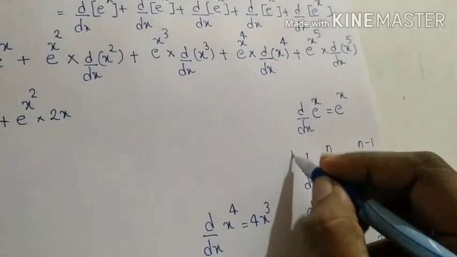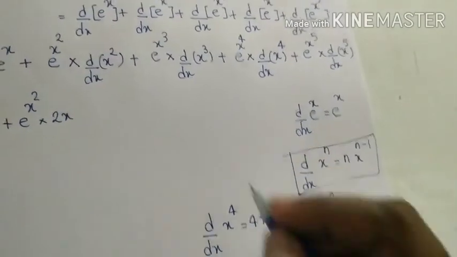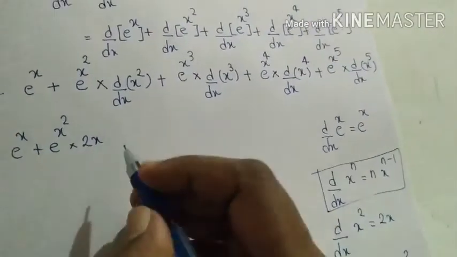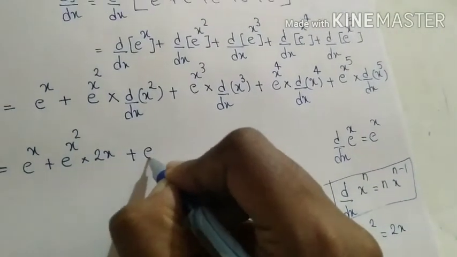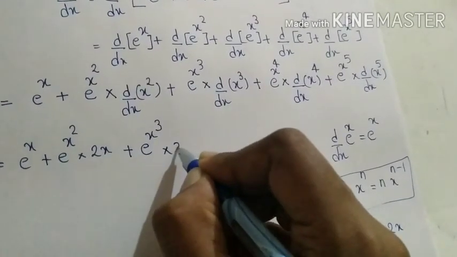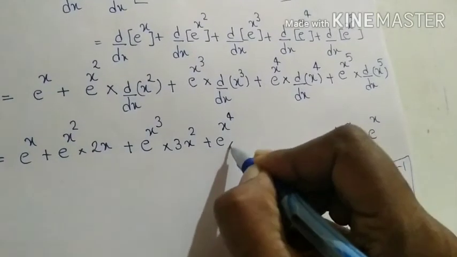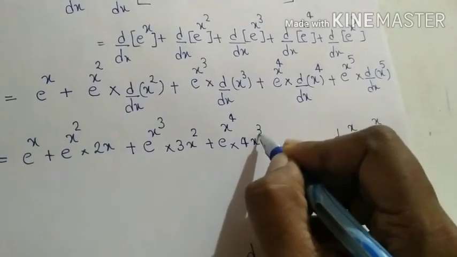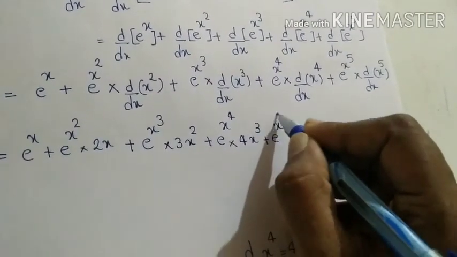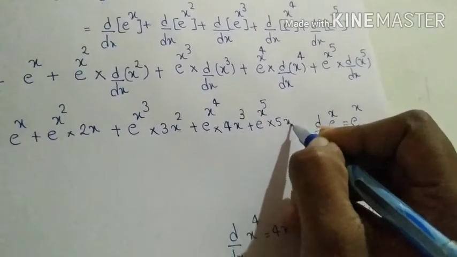Substituting all these answers in this step, we get e raised to x cube into 3x square plus e raised to x raised to 4 into 4x cube plus e raised to x raised to 5 into 5x raised to 4.